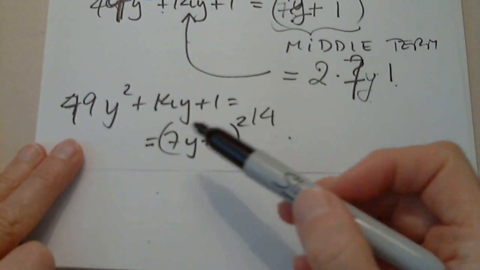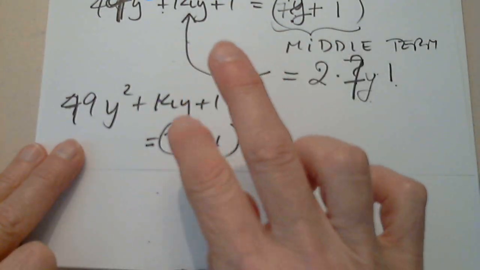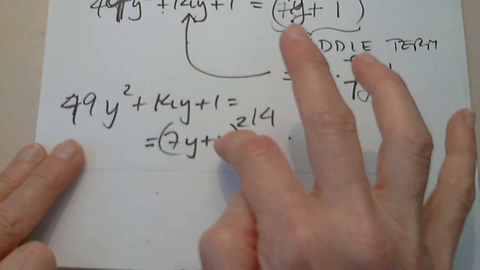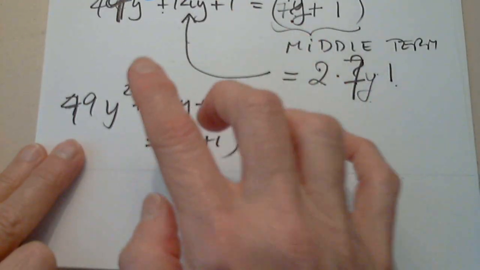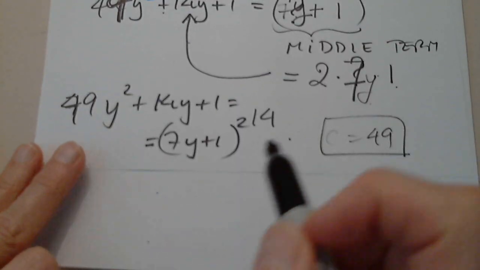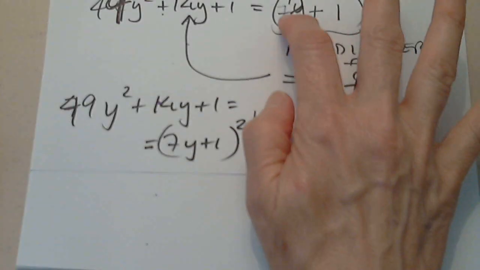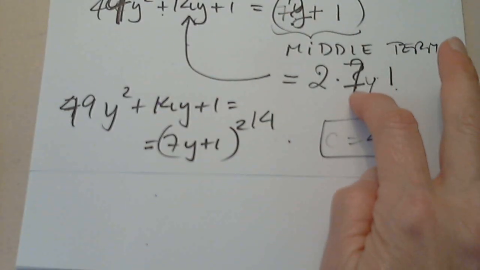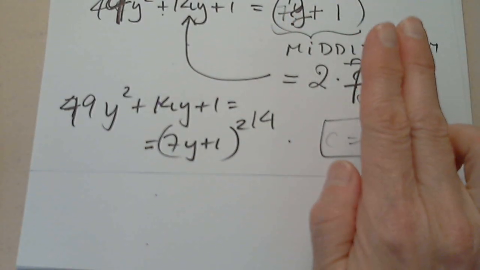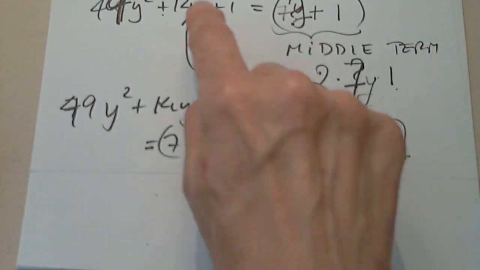So the first term squared plus 2 times the first times the second plus the second term squared. So C equals 49. Because this term is 7y. 2 times the first times the second, 2 times 7y times 1, is 14y.